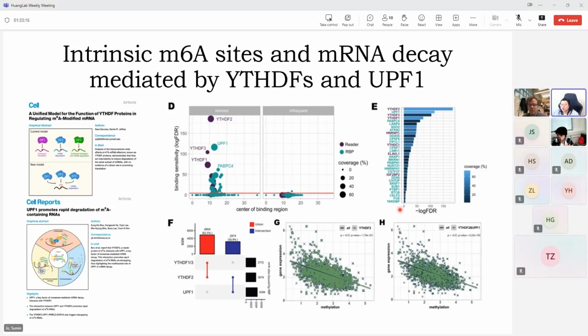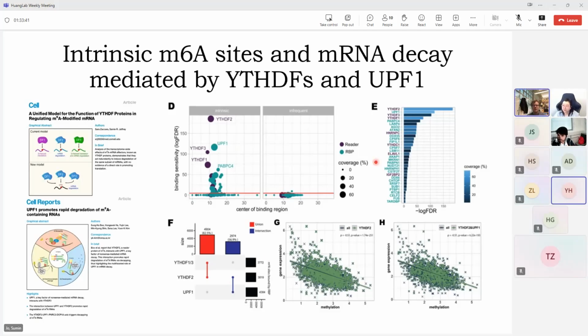I examined 287 RBPs. It's really surprising and amazing that these reader proteins that are known to mediate M6A-mediated RNA degradation all rank on the very top.